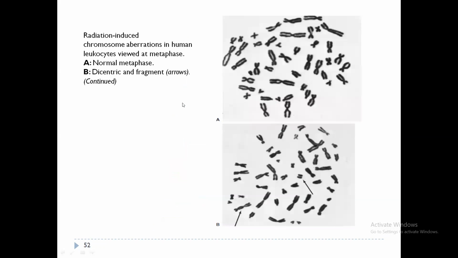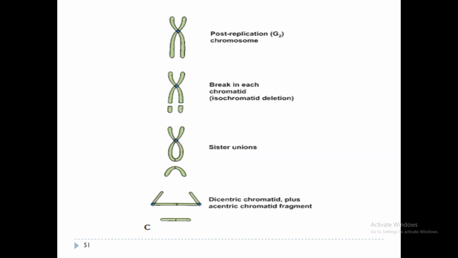There is a break in each chromatid, and there is a sister union. Sister union occurs between this portion, our portion joins like this, and the below portion joins like this. So there will be sister unions.